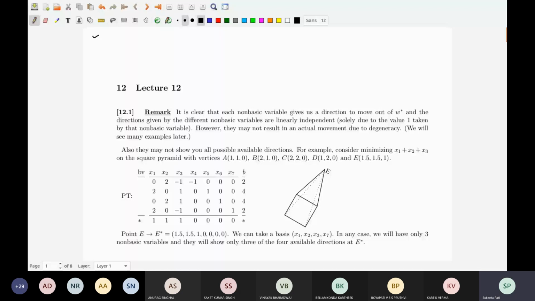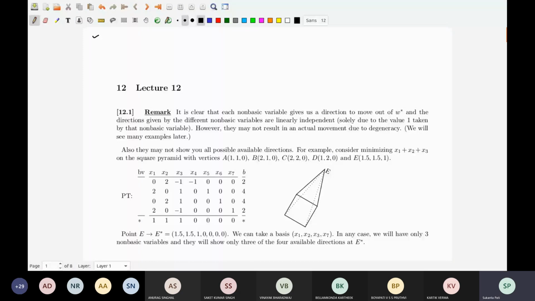But if that relative cost factor has a negative entry, then we wanted to find one more BFS which has a value lesser than this one.